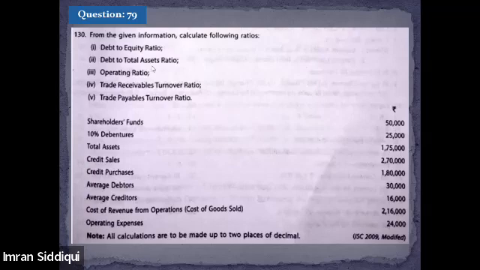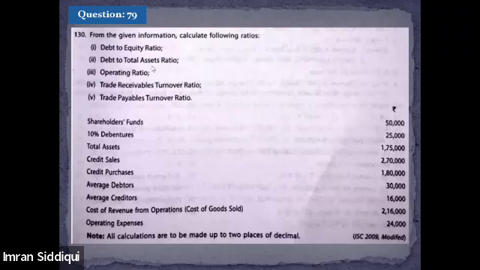18 times. No, that is not right. You made a mistake here as well. Just confirm the formula for the trade receivable turnover ratio. Net credit sales divided by average trade receivable. That's right.